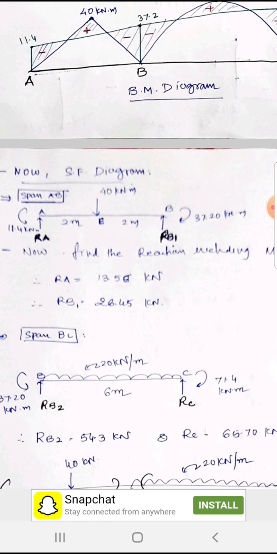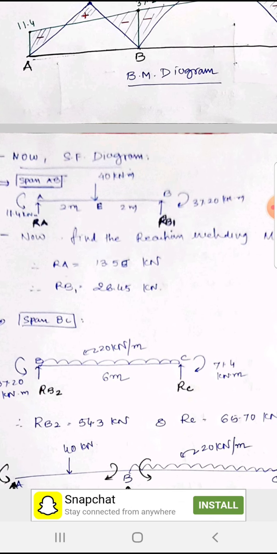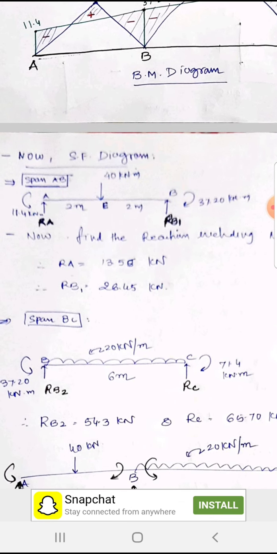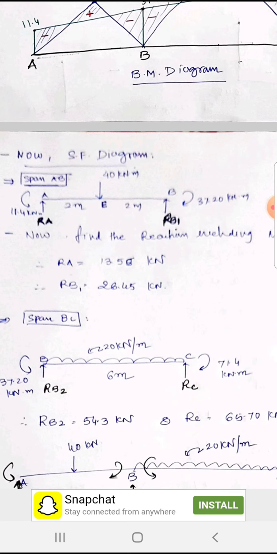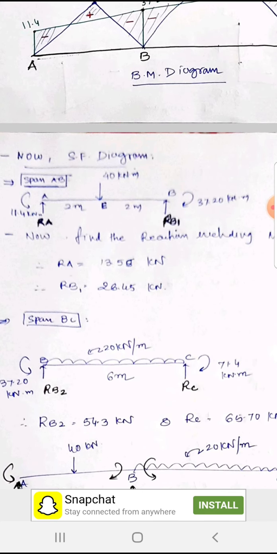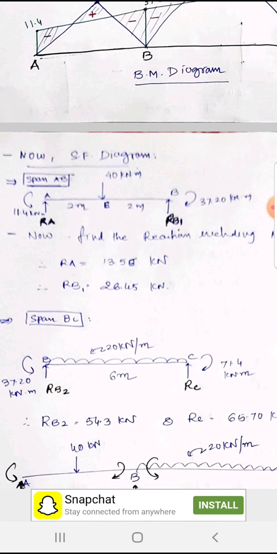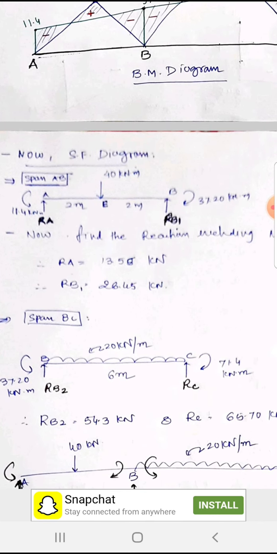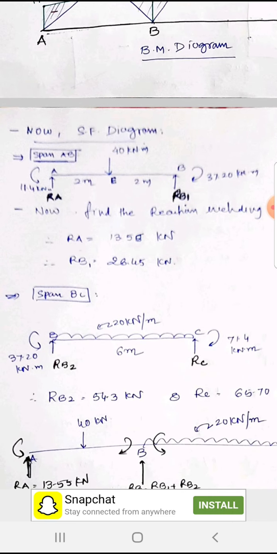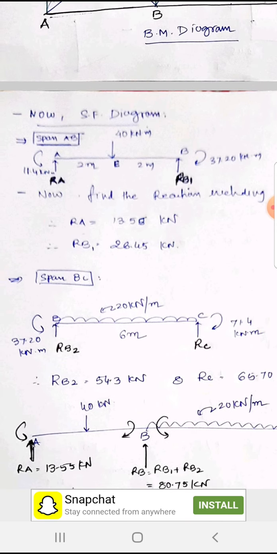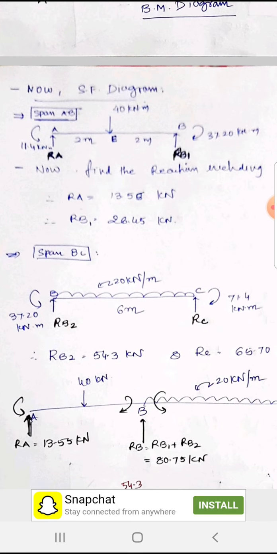What we are going to do now is find the reaction at support A and at support B, including moments. We know how to find the reaction, so I have directly written here the reaction at A, that is 13.55, and reaction at B 26.45.